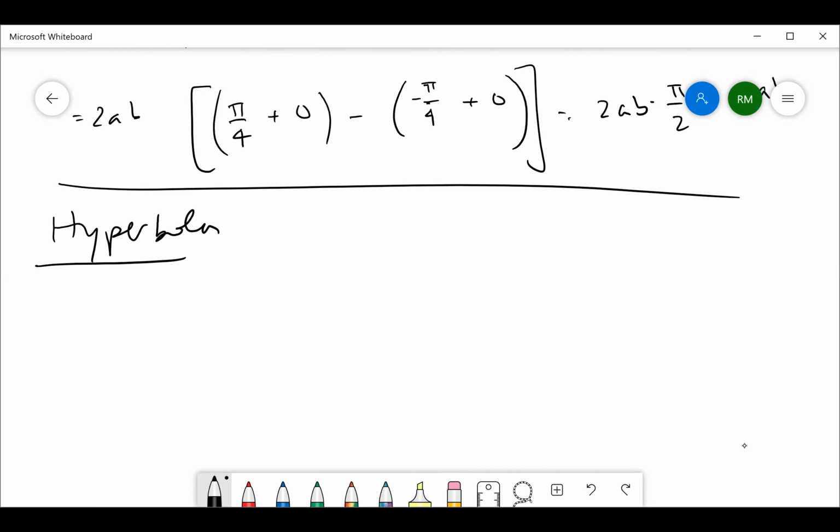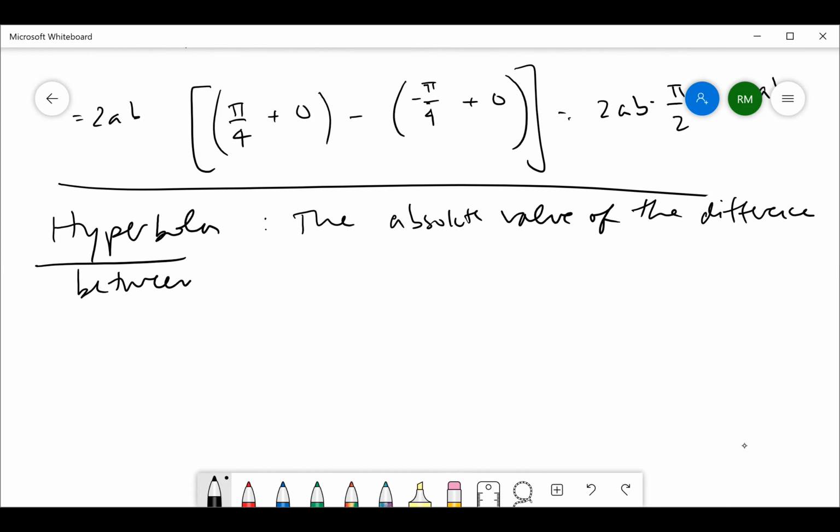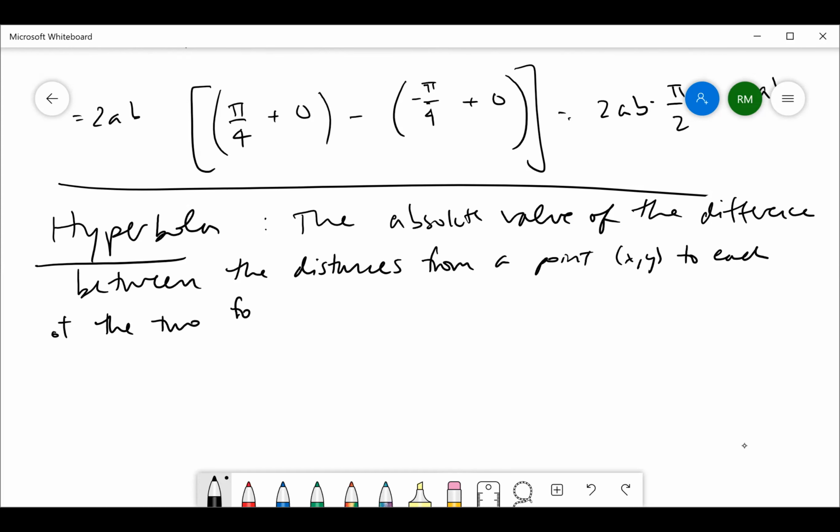But for a hyperbola, the absolute value of the difference between the distances from a point to each of the two foci is fixed.